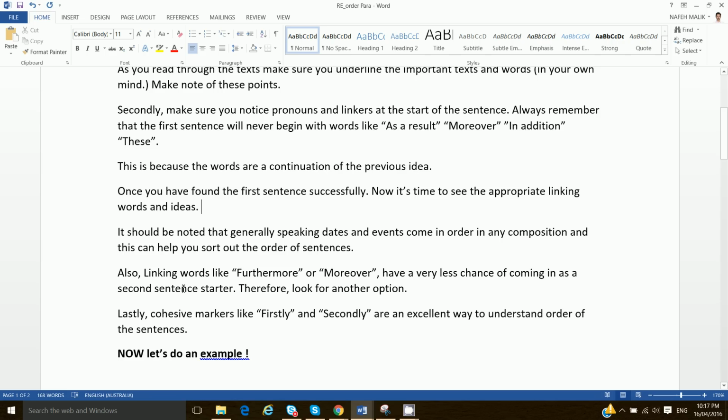Once you have found the first sentence successfully, now it's time to find the appropriate linking words and ideas that will follow along. Let me tell you something that a lot of people ignore, and this is a common mistake, and to be honest, this is common sense: dates always go in order.